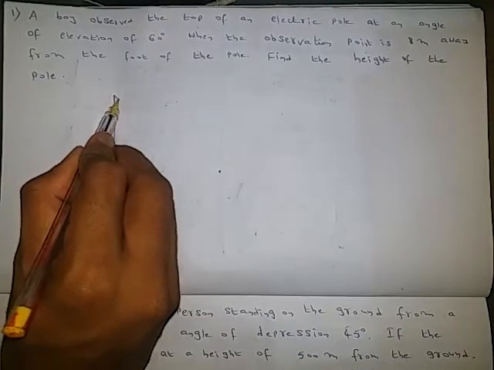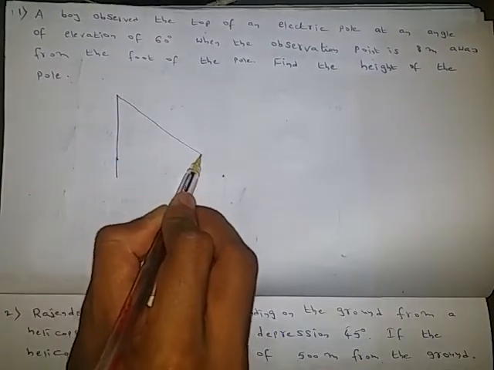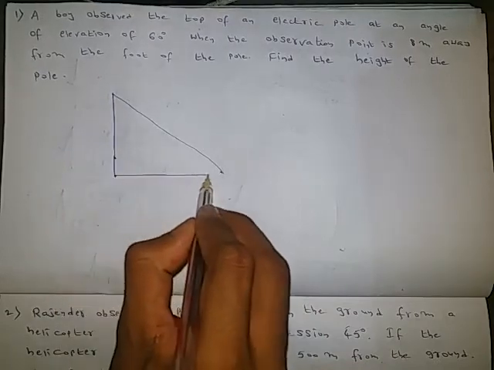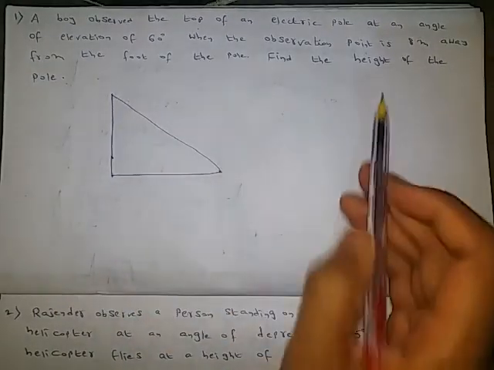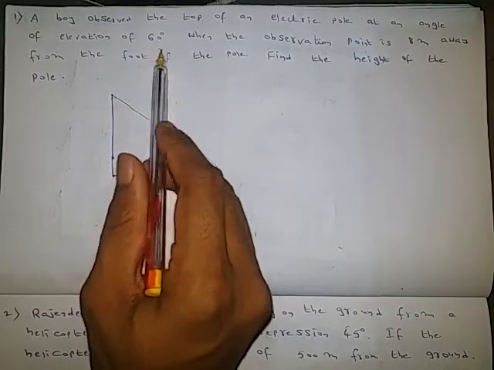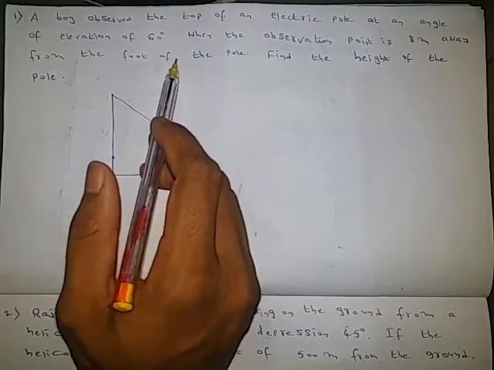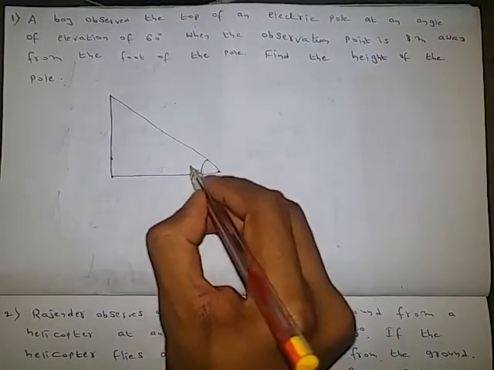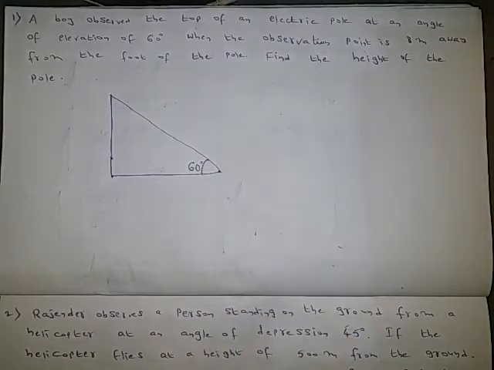So this top he is observing from here. So I am joining these two also, with a horizontal line every time. At an angle of elevation of 60 degrees, angle of elevation means he is observing from bottom to top. So this angle of elevation is given as 60 degrees.